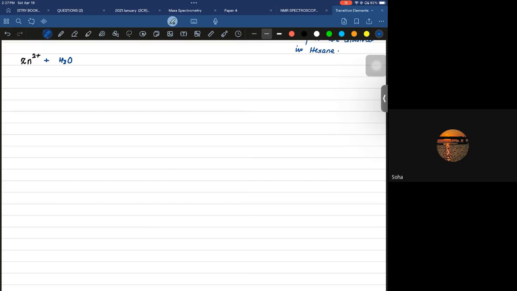So you won't see any color. It would always be forming a white solution, white solid. Remember, okay? So if you are going to add zinc 2+, let me write it down that it's not a transition metal, first of all.